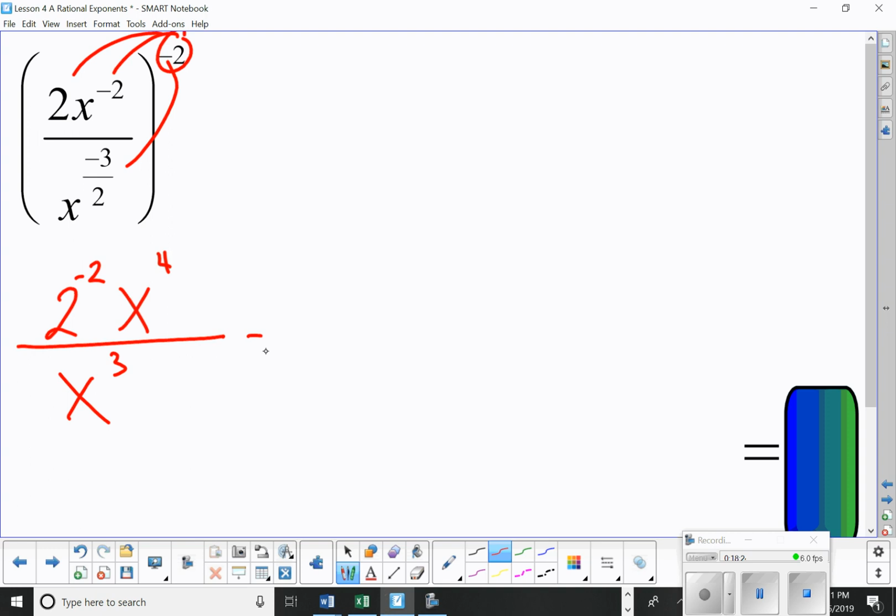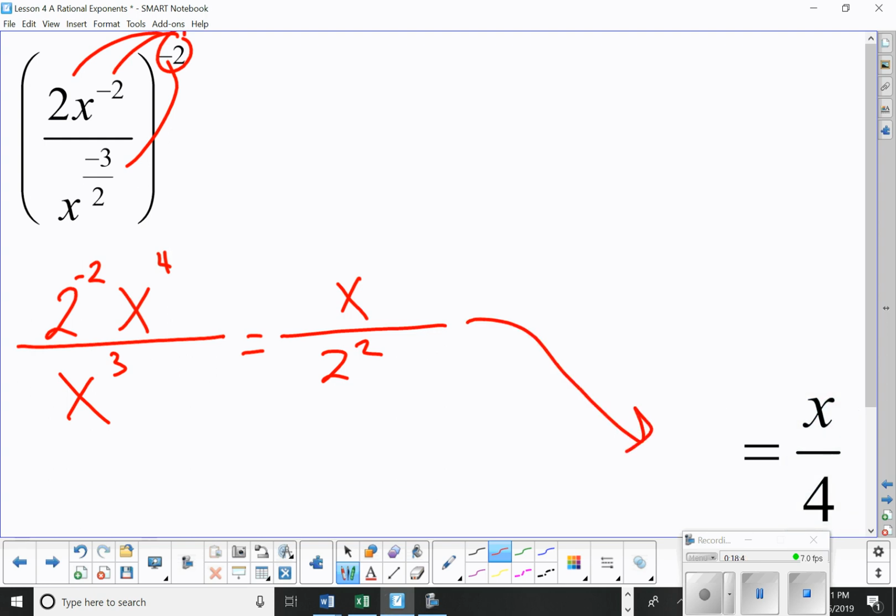Now I can see that this goes in the denominator, and x to the 4 over x cubed leaves me with x up here, and this becomes 2 squared, which leaves me with x over 4. You could also drop the -2 down, bring this one up. You could take care of what's inside first, and then you'd flip everything around. A lot of different ways to approach it.